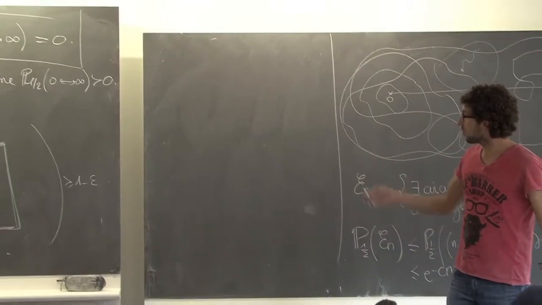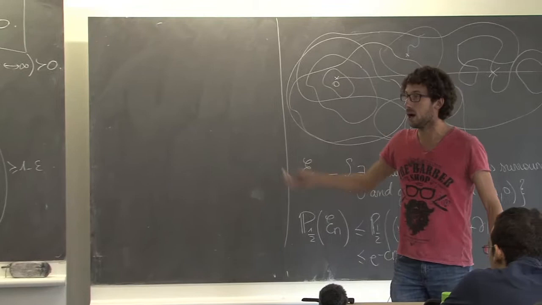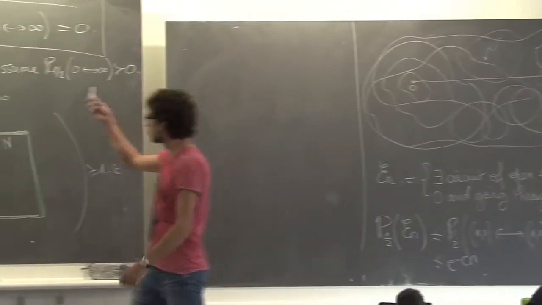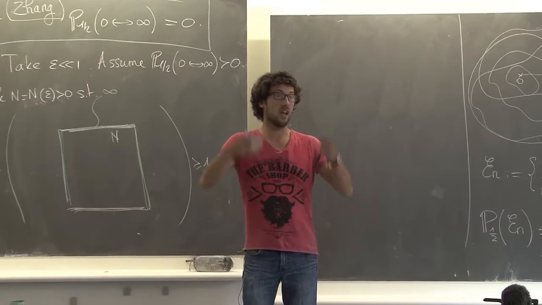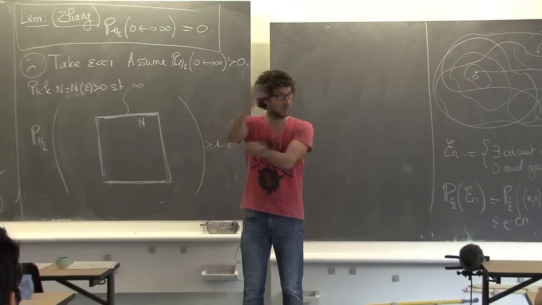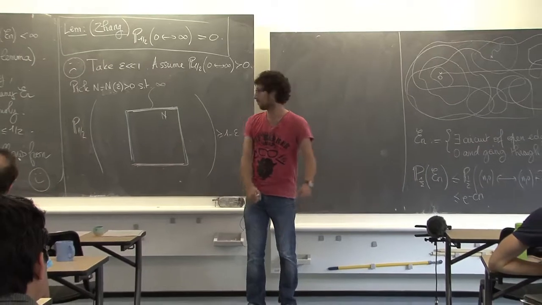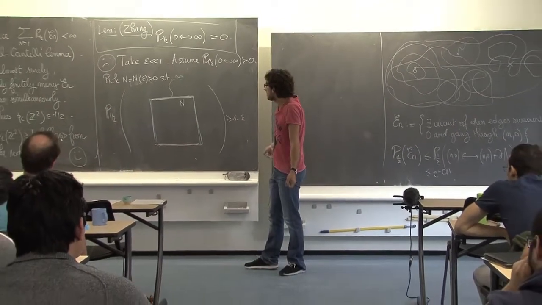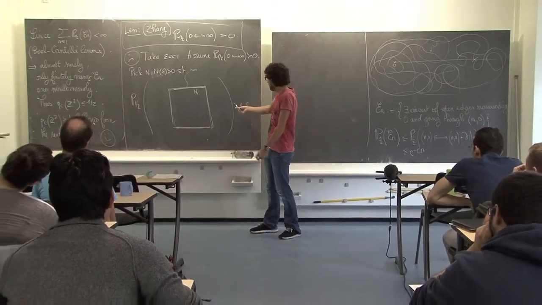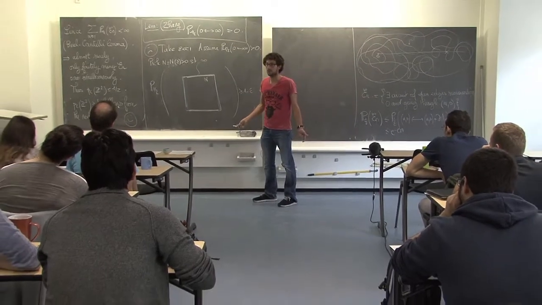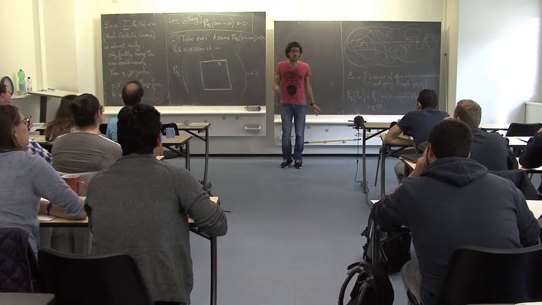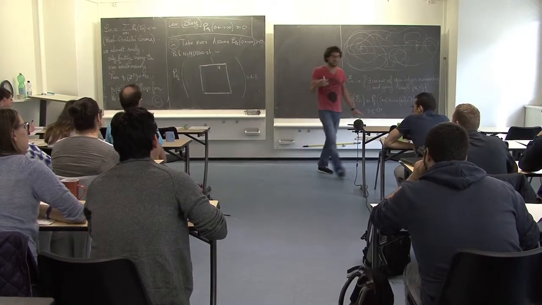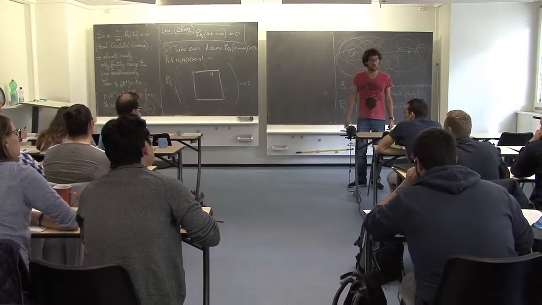Can somebody give me a lower bound on the probability that you hit, say, the top of the box? Well, you have 4 events. They obviously have the same probability by rotational invariance. So the union bound gives you that the probability is at least (1 minus epsilon) over 4. The problem is that (1 minus epsilon) over 4 is not a very good inequality. It's close to a fourth, it's not close to 1, for instance.